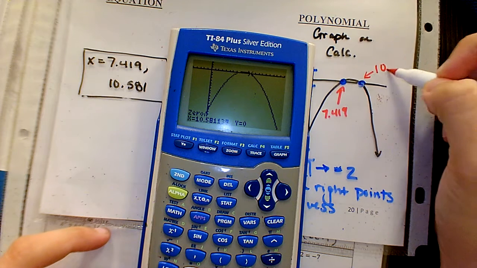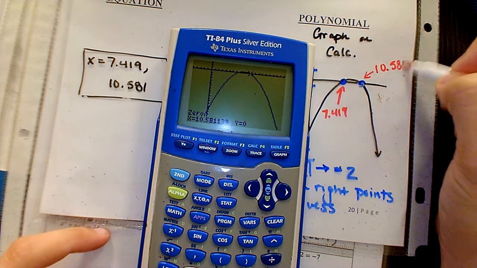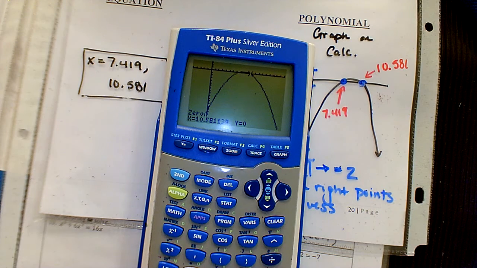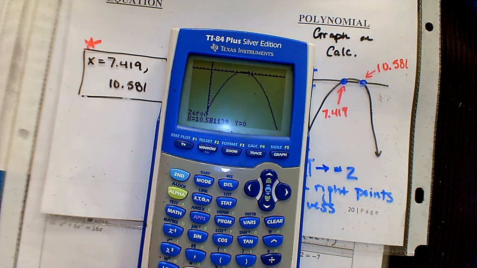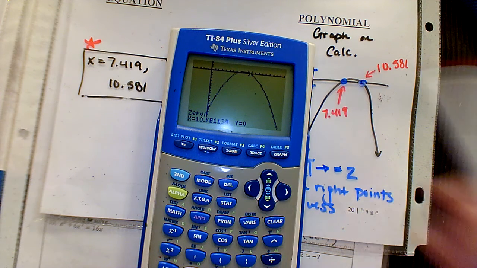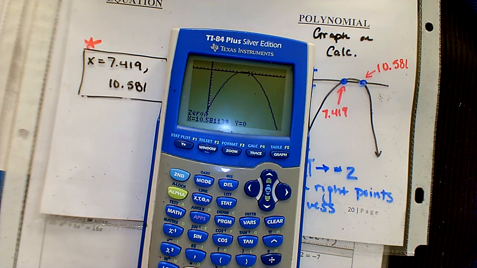And we get 10.581. Okay. So the calculator is confirming what we did by hand yesterday using the quadratic formula. Okay, so when you're looking at a graph, the solutions to a quadratic equation are showing up as those x-intercepts.